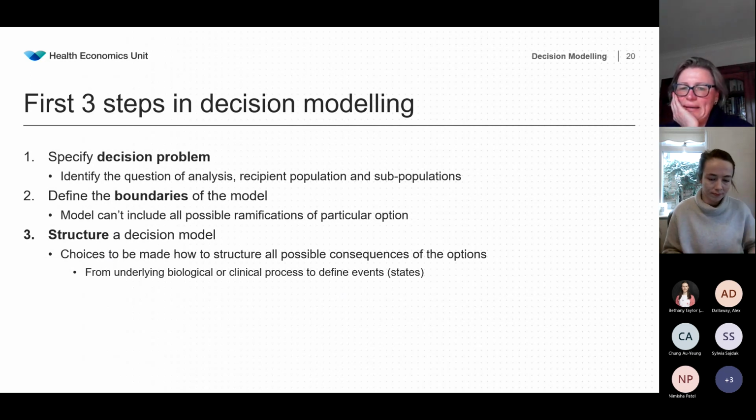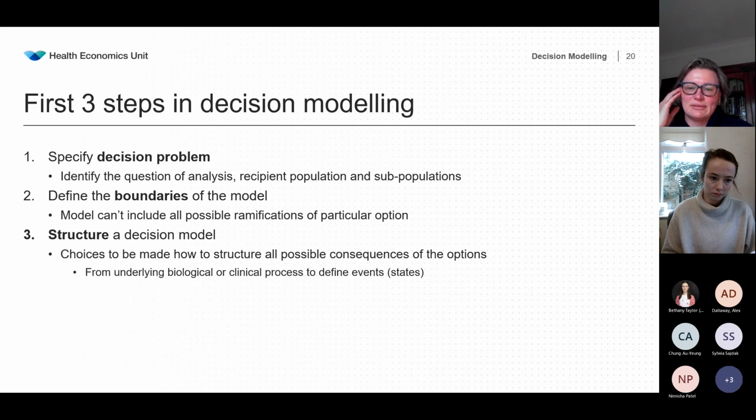And the next step is structuring a decision model. This can be based on the nature of the intervention themselves. So you may want to outline the natural history of a particular condition and impact of various options on that process.